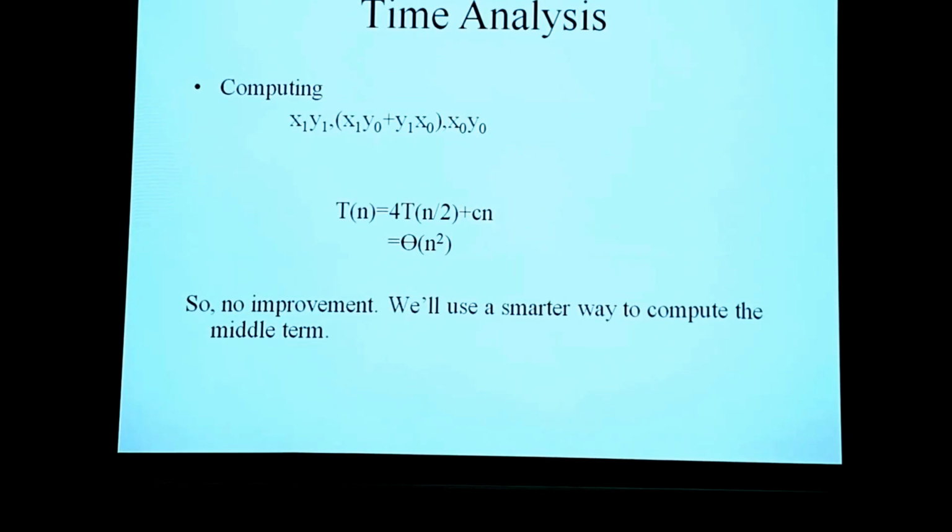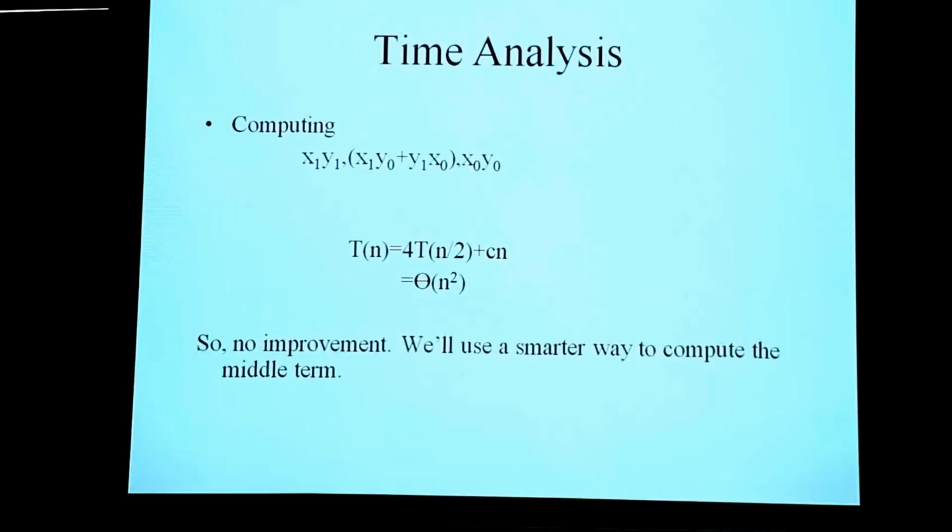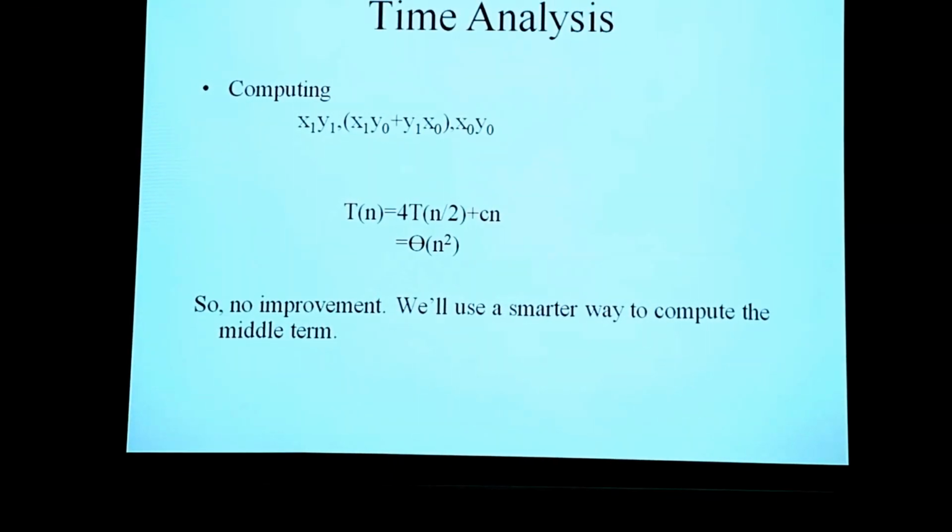So what have we achieved? We had an iterative algorithm which ran in n square time, and this is also divide and conquer. We are doing recursion, but we are still spending n square time. Then why should we use this? We'll see that by one more careful step, we'll reduce this 4 to 3.